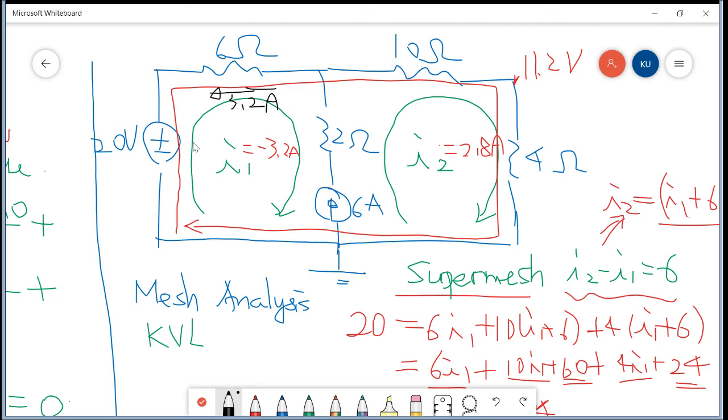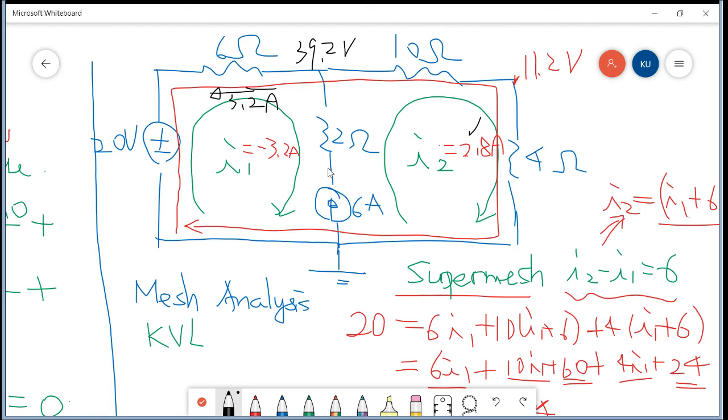So this node should be 39.2 volts. And you can verify this is 2.8A. So 39.2 minus 11.2, which is 28, over 10 ohm, is 2.8A. So this matches.